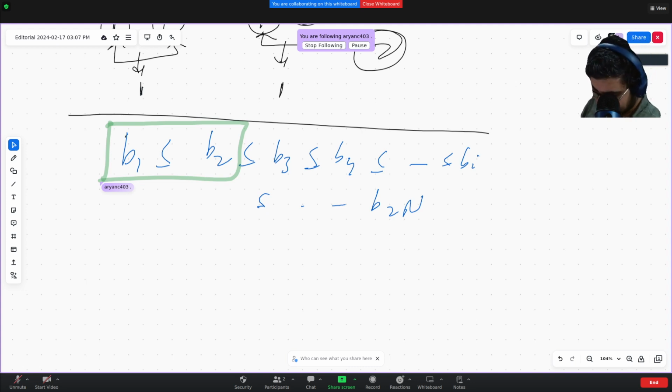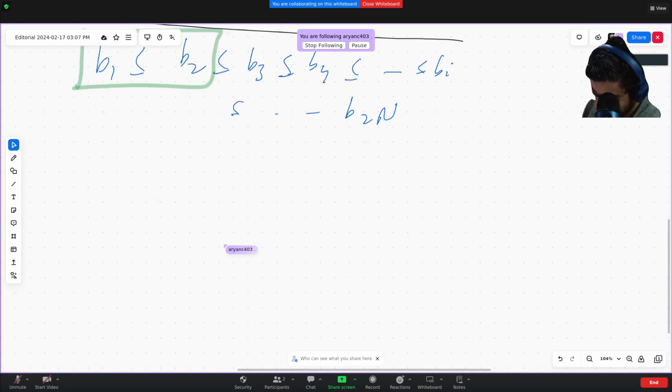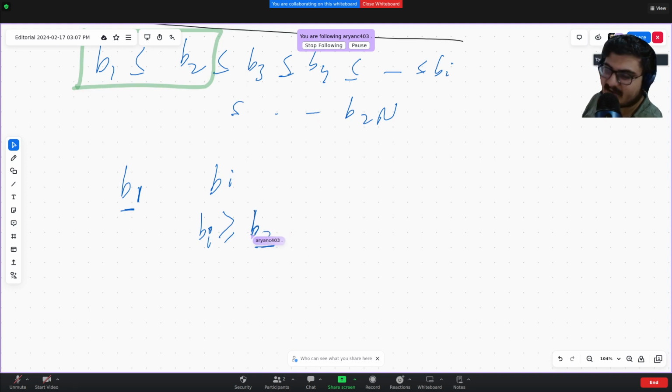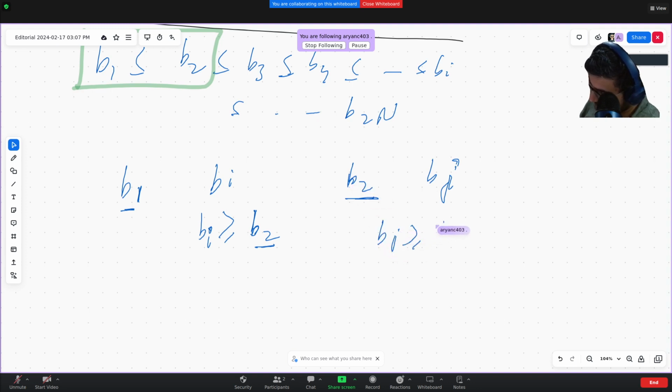For a minute, let's assume b1 is not paired with b2. Then b1 is paired with some bi, where bi is greater than b2. This is essentially because b1 is the smallest number and b2 is the second smallest number. And b2 is paired with some bj, where bj is also greater than or equal to the second smallest number.